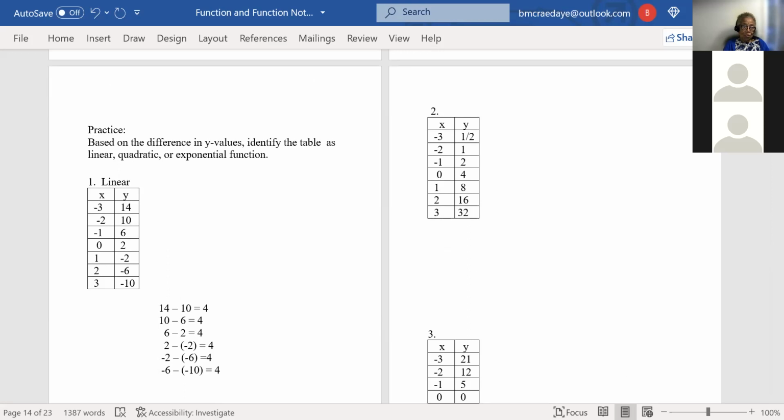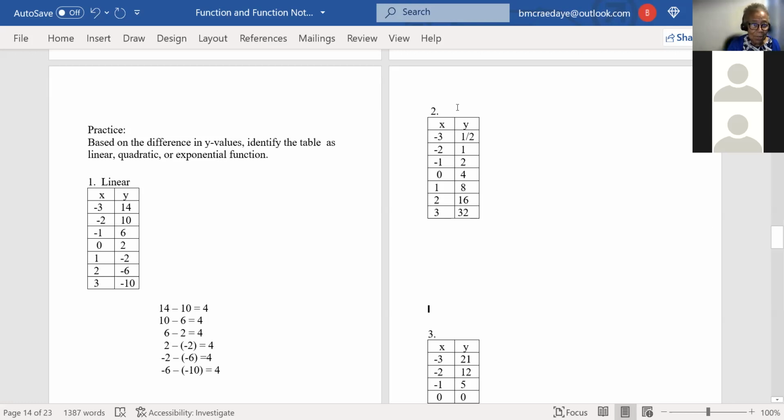Now, if you do the first couple and you see they come out different, then you know it can't be linear, right? It's exponential, whatever that word is. That's right. You're right, Latoya. It is exponential.